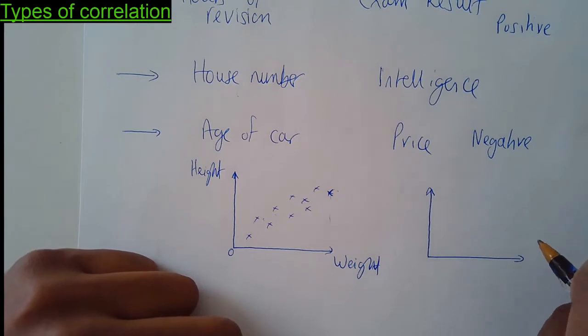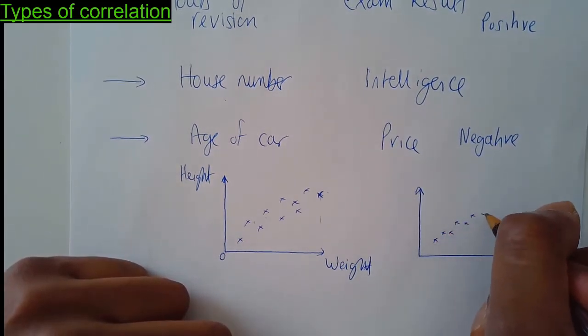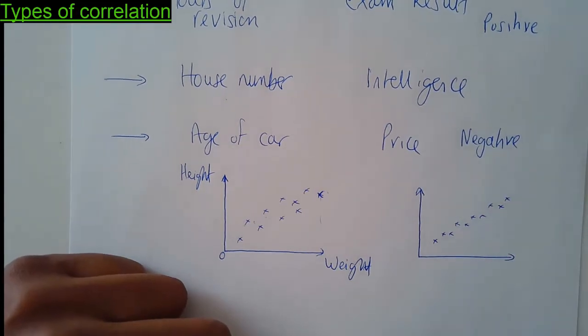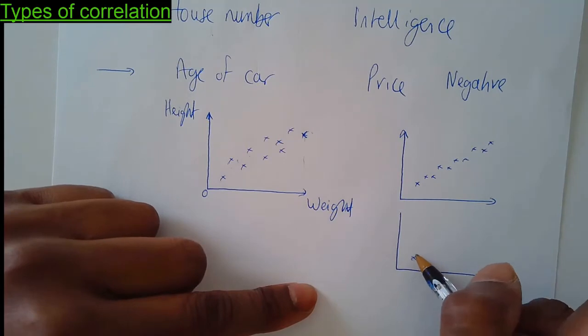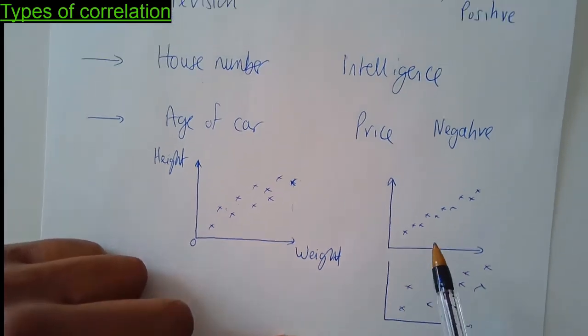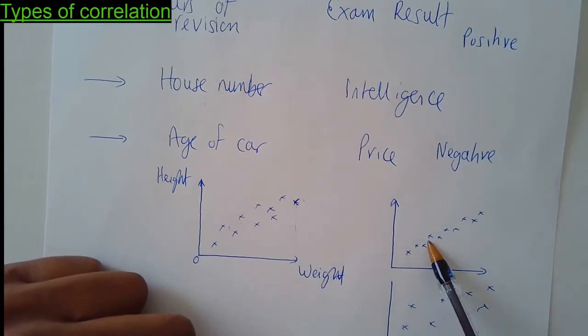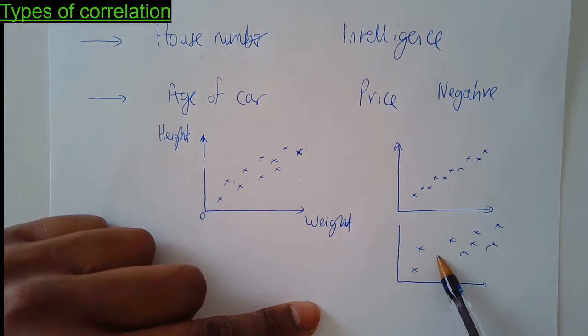Right, if the crosses are really bunched up tightly like this, as opposed to something like this, I'll show you. You can see this one, it's kind of going uphill, the crosses are going uphill, and these are also going uphill.